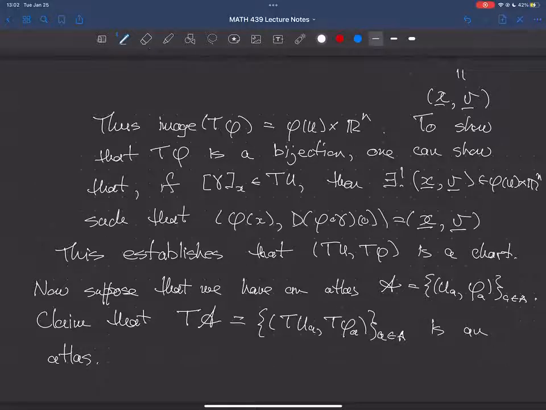And then you're done, because that's all you need to do to define a manifold structure: produce an atlas.